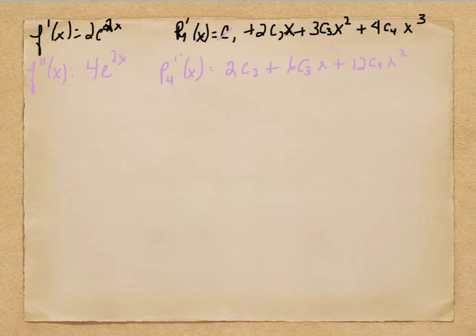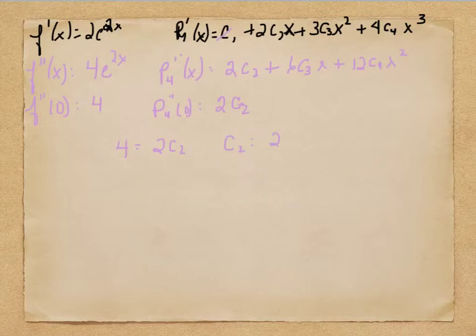But putting in 0, f double prime of 0 would be 4. p double prime of 0 would be 2 c2, and then all the rest of those would go to 0. So I now know that 4 is equal to 2 c2. So c sub 2 would be 2.